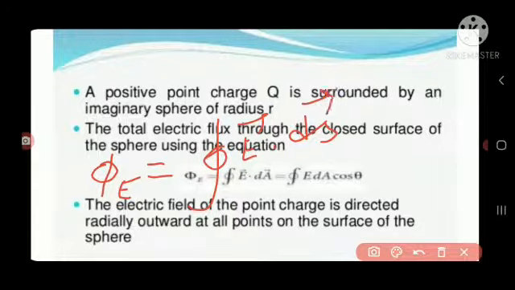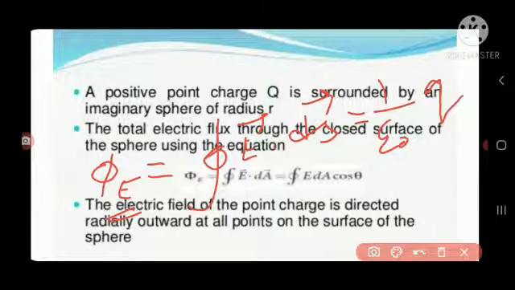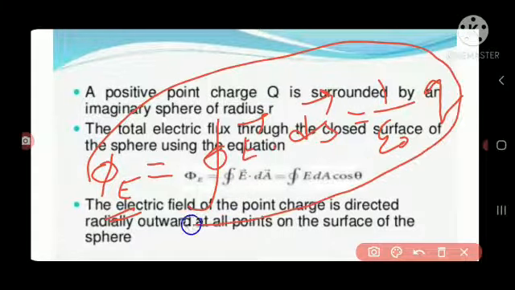This is the actual form of flux over the closed surface, and according to Gauss theorem, this phi E is equal to 1 by epsilon times the total charge contained by the surface. So the mathematical expression of Gauss theorem will be: phi E is equal to the integral of E dot ds is equal to 1 by epsilon times q.